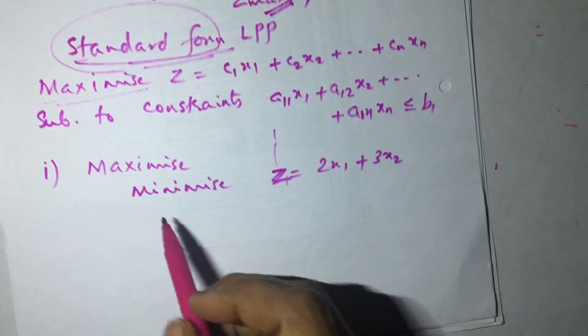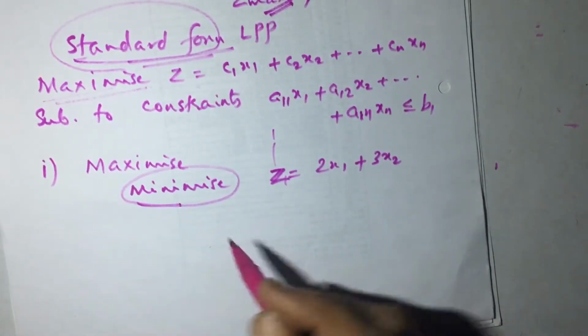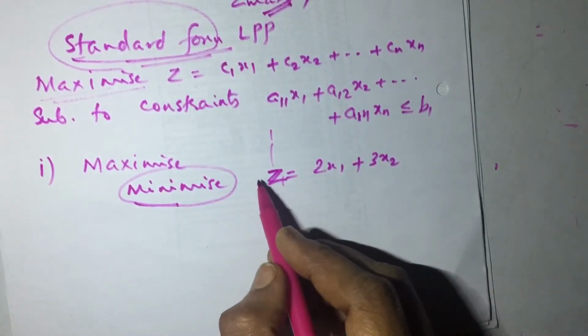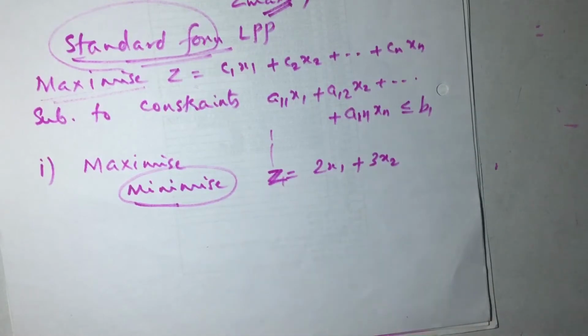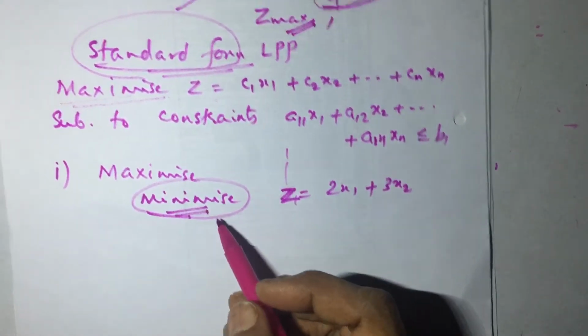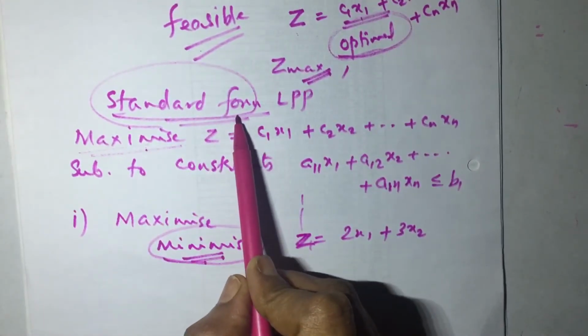Then this minimization problem should be converted to a maximization problem by multiplying with minus 1. So I have to convert this minimization problem into a maximization problem to become a standard form.